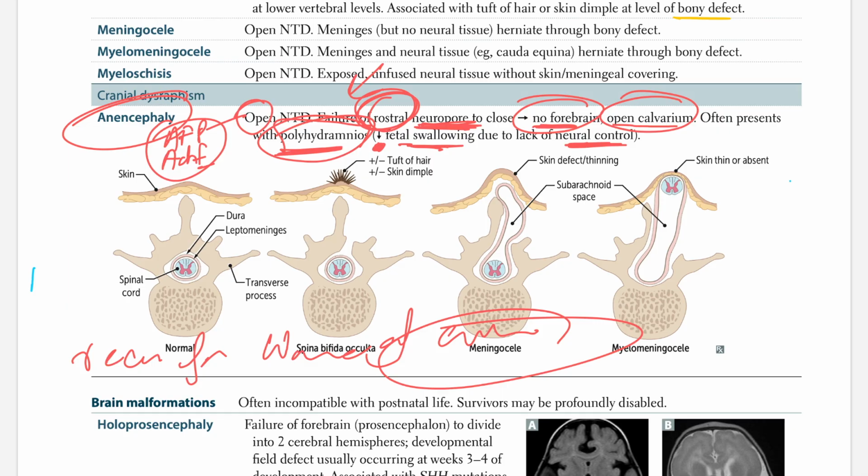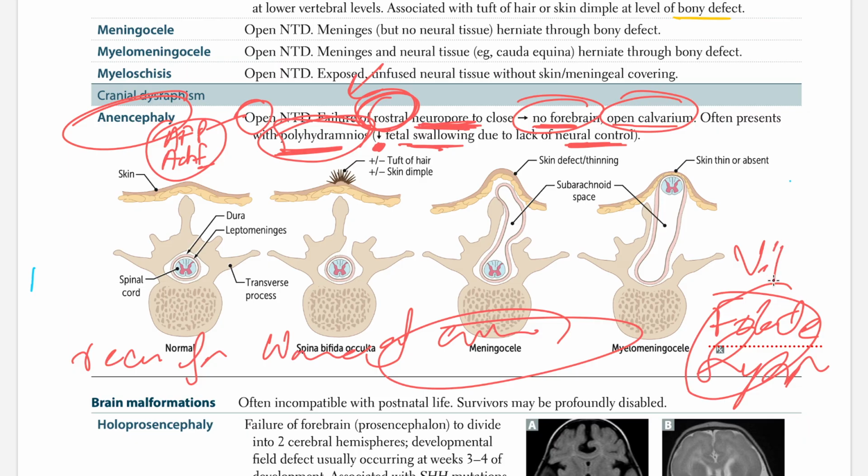Any woman of childbearing age must have folate supplementation, which is vitamin B9. Folate supplementation is mandatory for them. And that is all we have. So let's just review this and move on to the next.